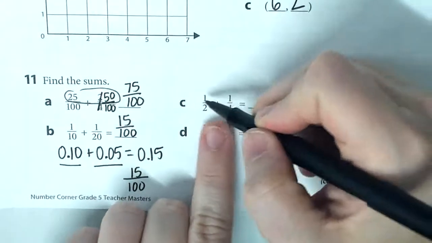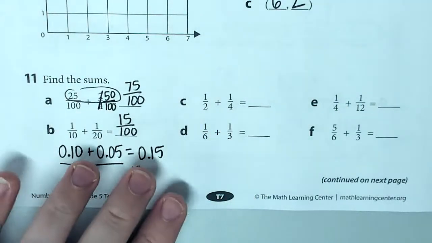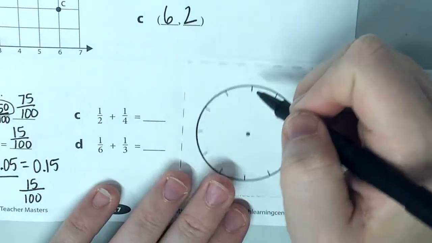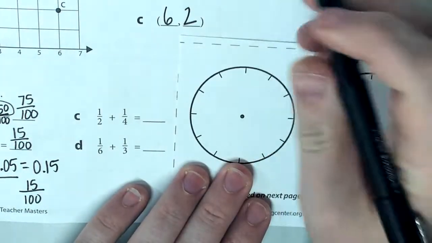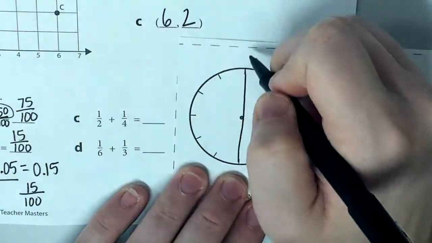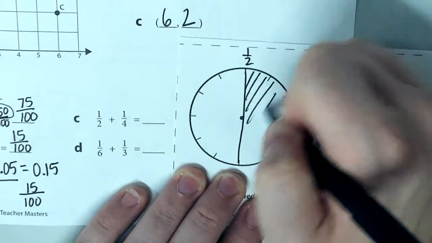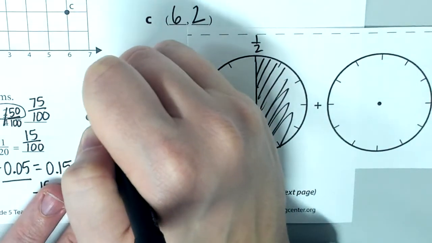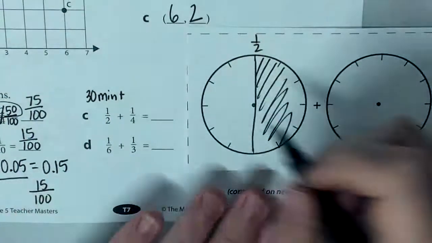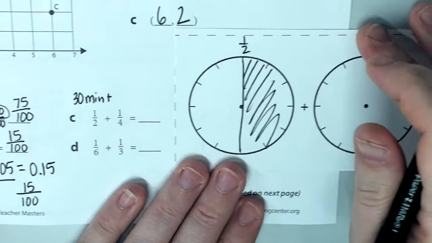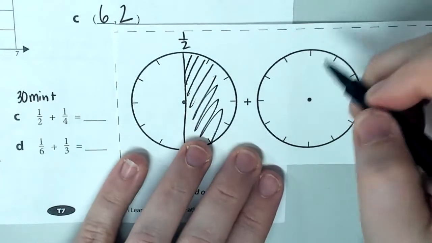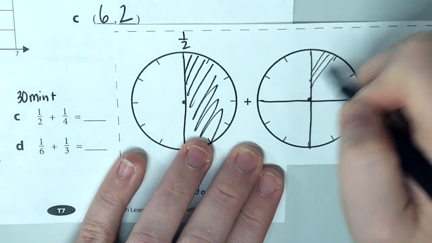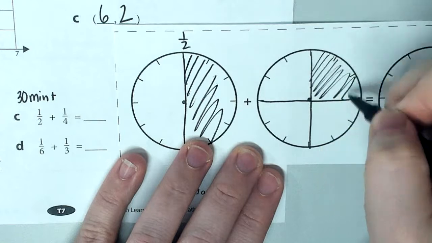Let's go to C. C is up here. For this one, I'm going to use clocks. So my first one I have, and you don't have this clock paper, but you can just watch up here. First one is half a clock, which is the same as 30 minutes. So you can write that, write 30 minutes. The next one is 1/4 of a clock. So I'm going to divide my clock into fourths. How many minutes is that?